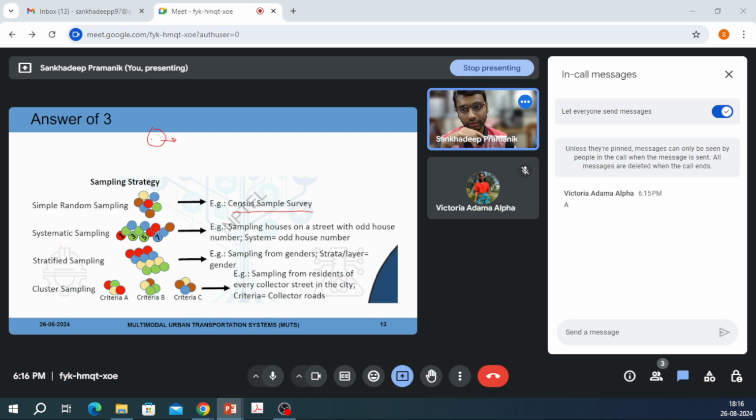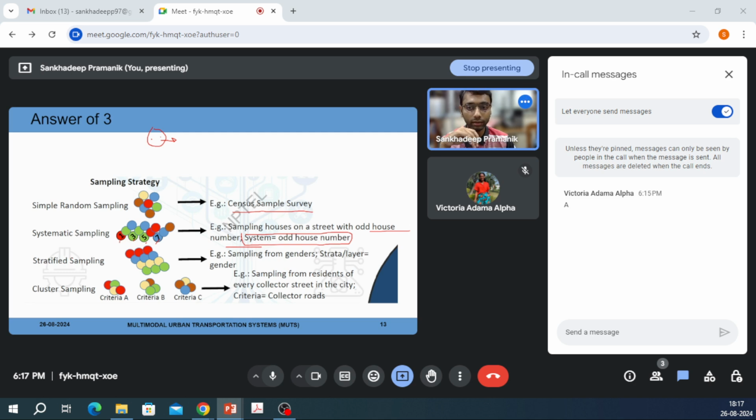Then systematic sampling is where in a particular systematic way we are doing the sampling, like sampling houses on a street with odd house numbers. So where the system is the odd house number, like this one, 1 3 5 7, these houses are chosen in a particular system. So this is not random. If it were 1 2 then 6 7 9 like that, then it might be simple random sampling.